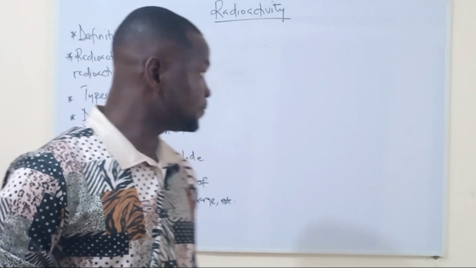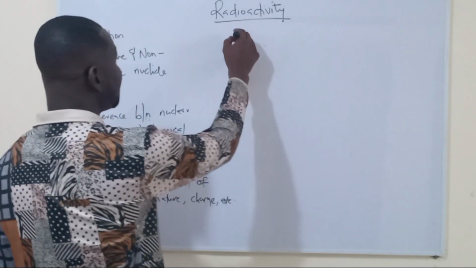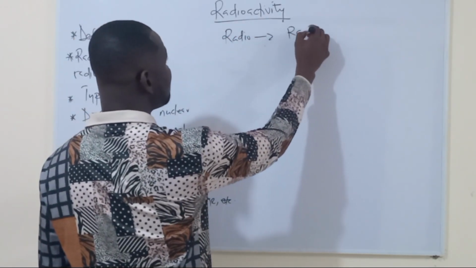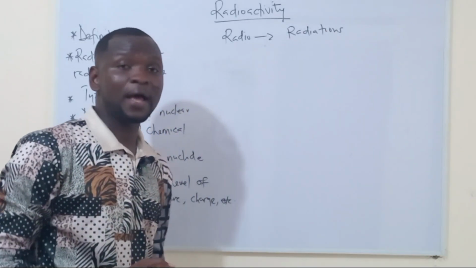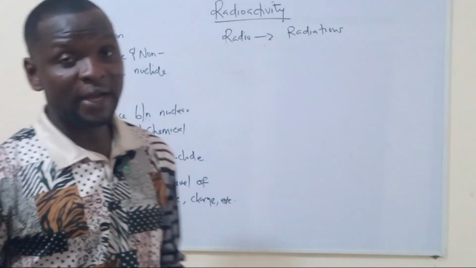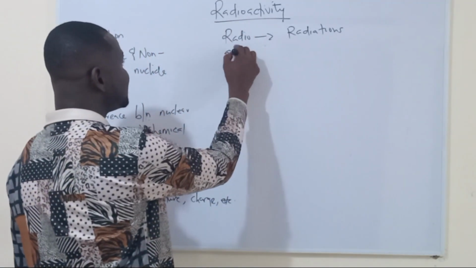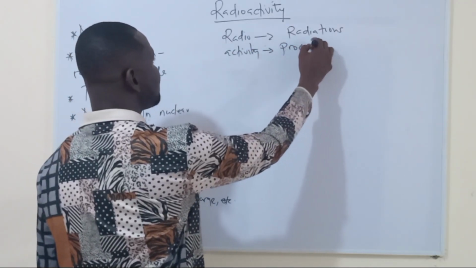Now let's start. Now when we talk about the word radioactivity, the word radio is from radiations. So it means that this particular nuclide involves radiations. And the word activity is a process.